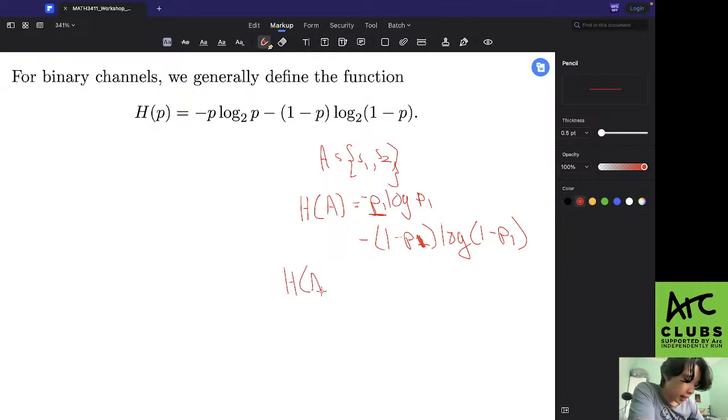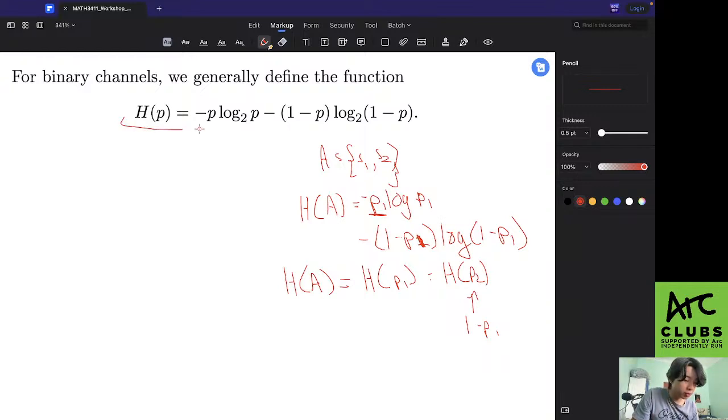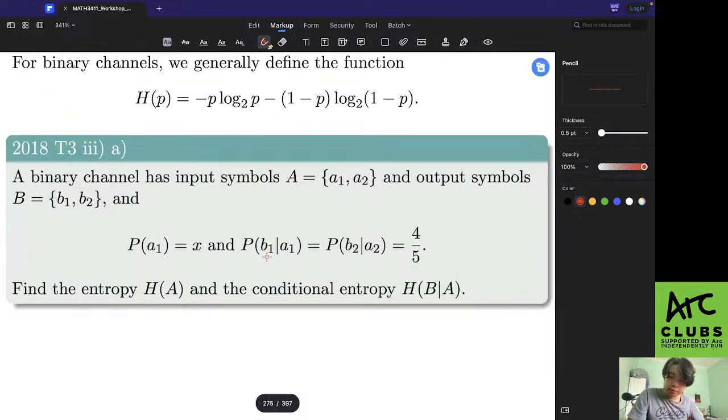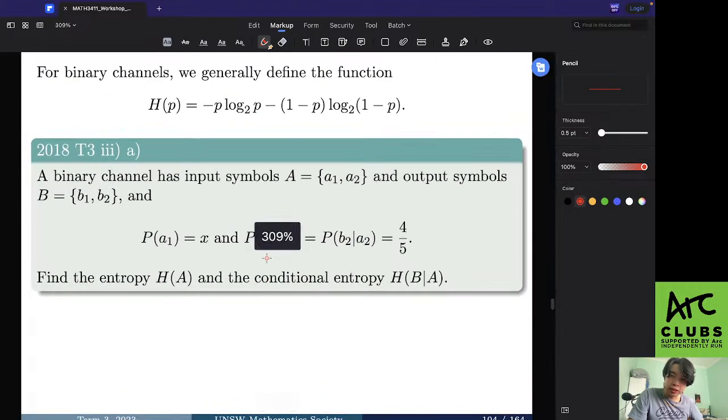It turns out H of A is going to be H of P1, which is also H of P2, where P2 is 1 minus P1. And that's why this formula is very useful. We can use this formula in binary channels to calculate the entropies.